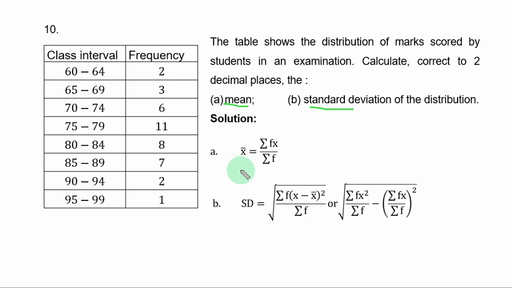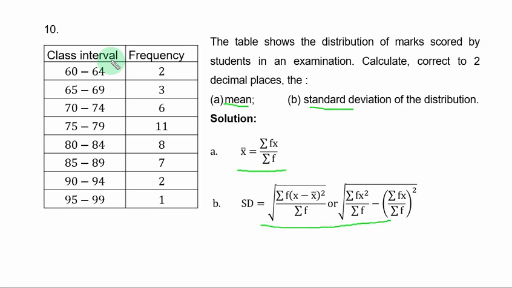Solution. So this is a formula for the mean and this is a formula for the standard deviation. In all of these, S is needed. From the class interval, you add a column to the table and the column head is class mark or midpoint.